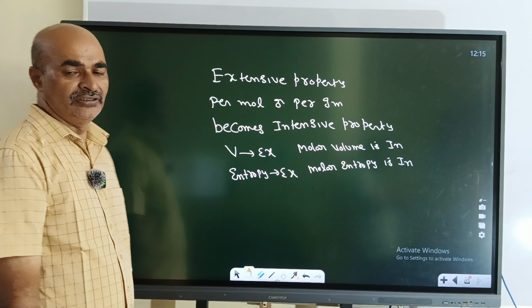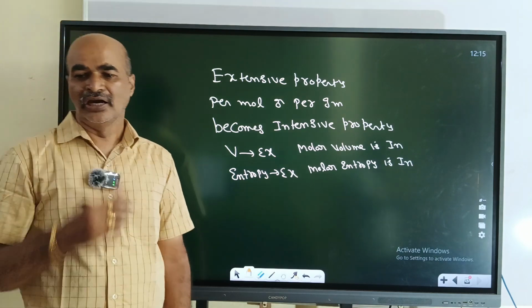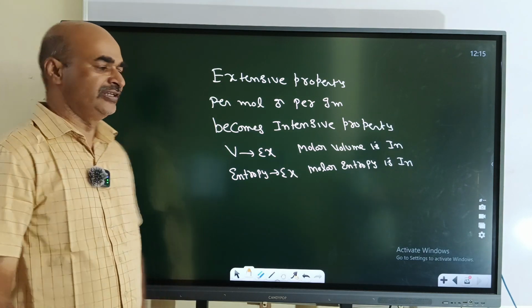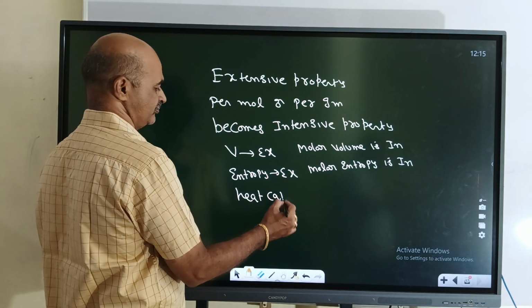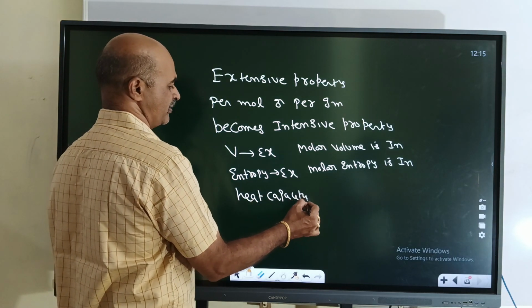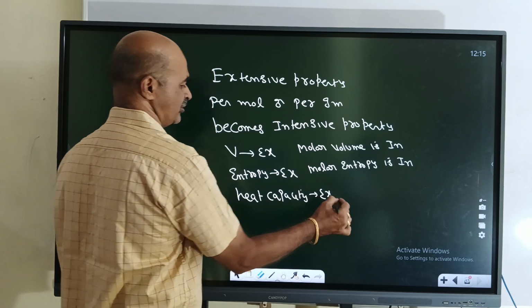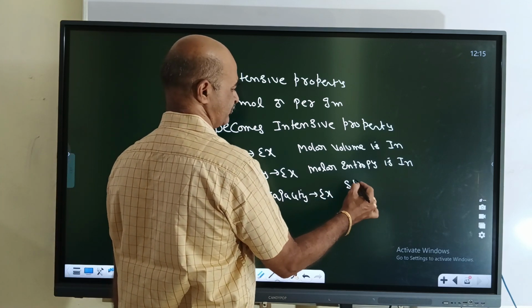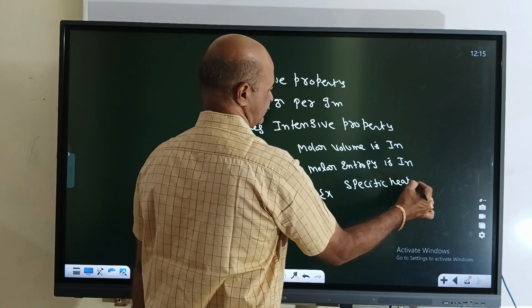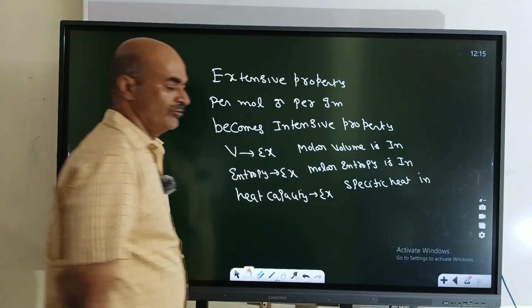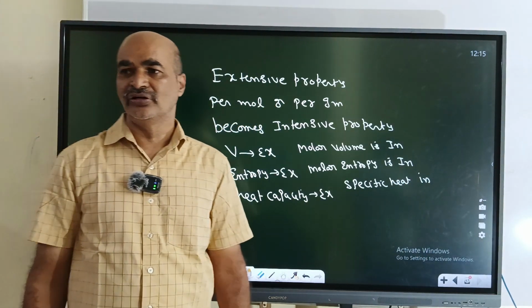Okay. Heat capacity is extensive. Specific heat is intensive.